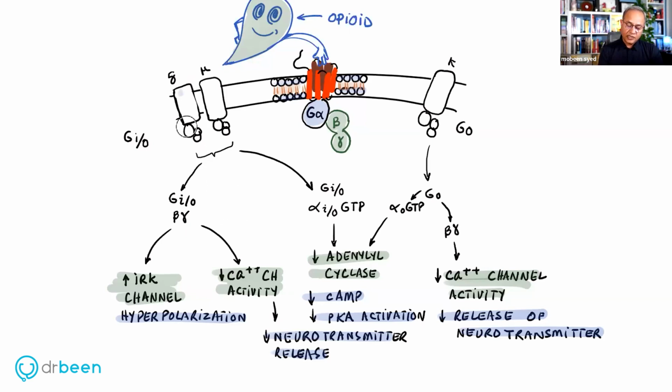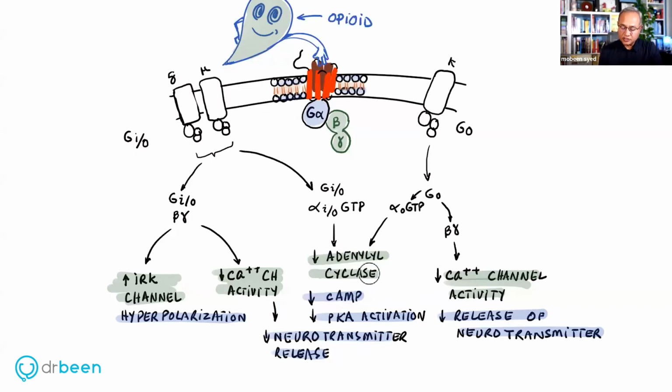So here is what happens. When these mu or delta G proteins are activated by agonist, the G alpha part separates from here, and the beta gamma part separates as well. So number one, they separate from the receptor. Number two, they separate from each other as well. Beta gamma stay as one unit and G alpha becomes a separate unit. Now, when there is an agonist, the alpha unit becomes active and it causes a reduction in adenylyl cyclase, which in turn causes reduced cyclic AMP.